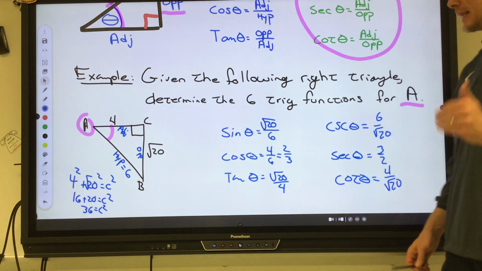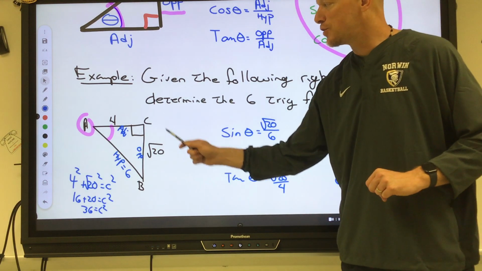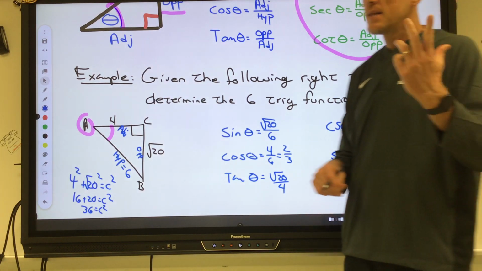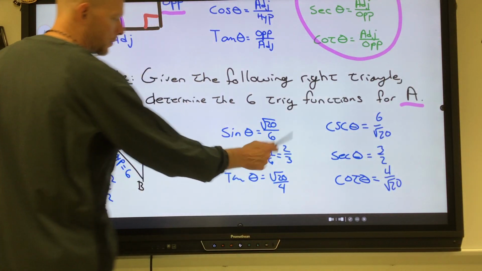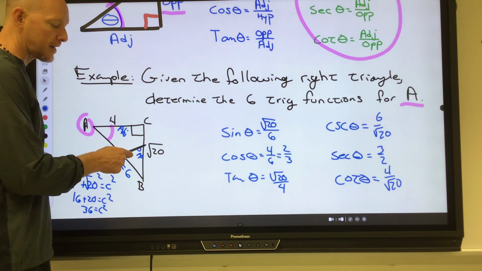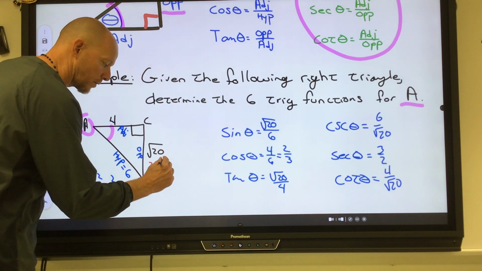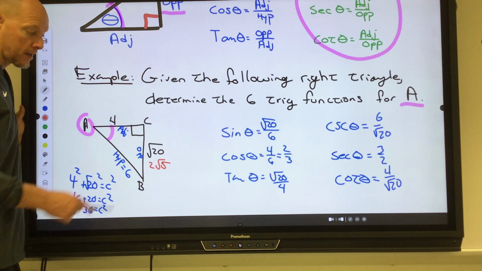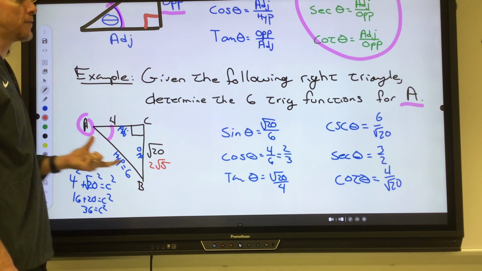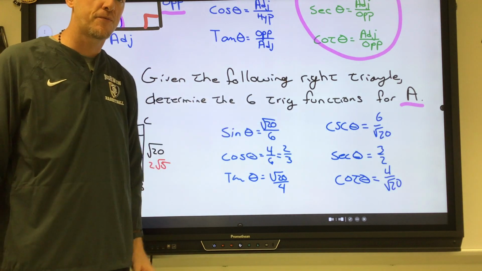Note that we're allowed to leave our radicals in the denominator so that it's easier to identify what side we're actually using. Another thing: you would see that I reduced the cosine to 2/3. We could also identify that the square root of 20 simplifies to 2 square roots of 5, because it's 4 times 5 and the square root of 4 is 2. So if I rewrite all these with 2 square roots of 5, they would all reduce a little further.